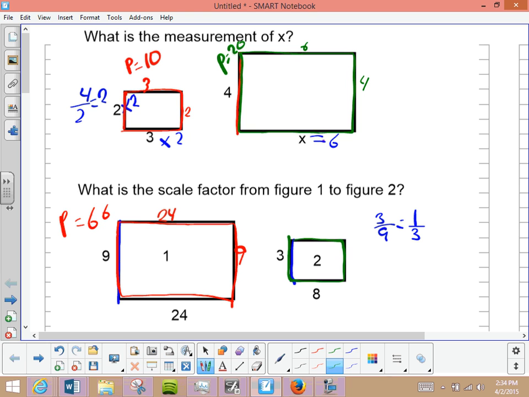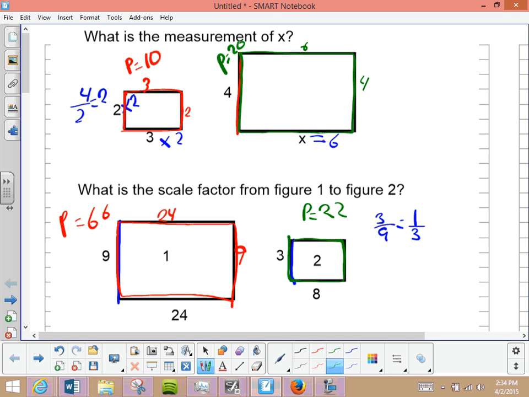This is easy. 22. So tell me, does the scale factor still work? If you multiply by 1/3, you get 22. So now we can conclude that the scale factor can be used to find the new coordinates, like we did earlier, to find the new measurement, like we just found out, and also to find the perimeter of each shape.